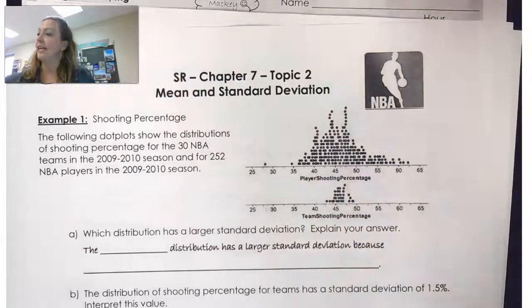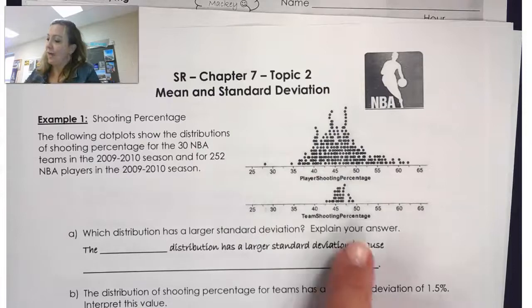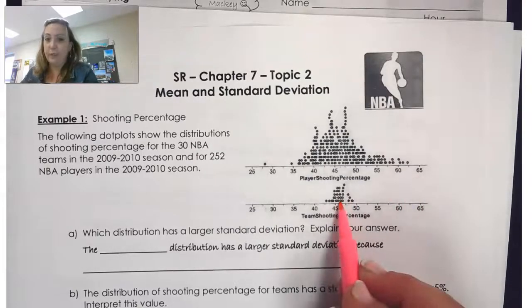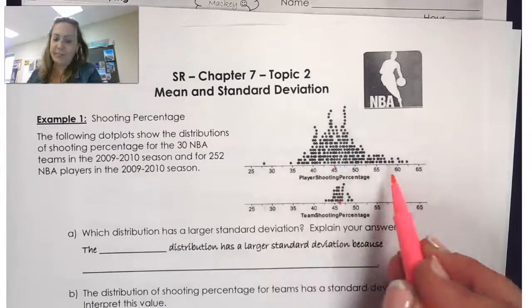And we discussed in the last lesson that we can look at which one has a larger standard deviation by looking to see where the values vary more from the mean. Obviously, if we look at the team's shooting percentage, their mean is about here, and then our spread is not as big as that for the player's shooting percentage.